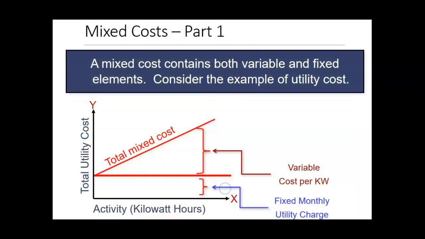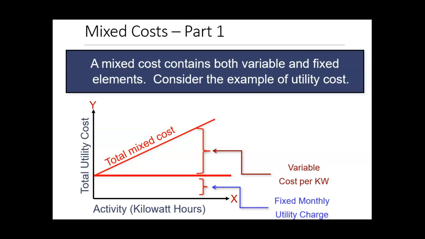Okay? So we have what's called mixed cost. What's mixed cost? It is a combination of variable costs as well as fixed costs. Think about your utility bill. Think about your electric bill.